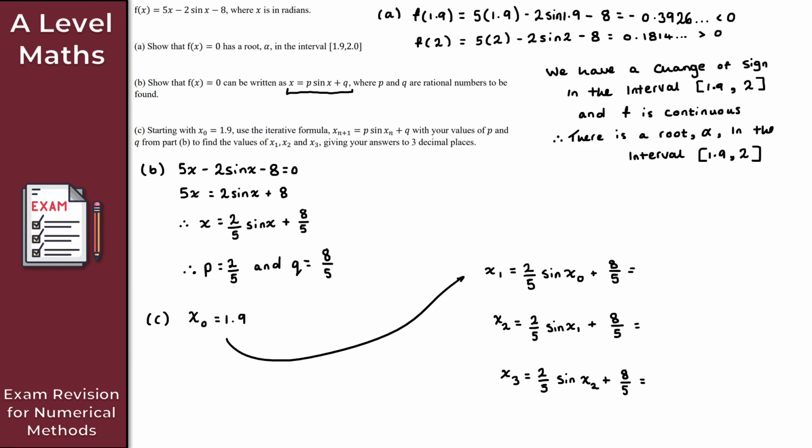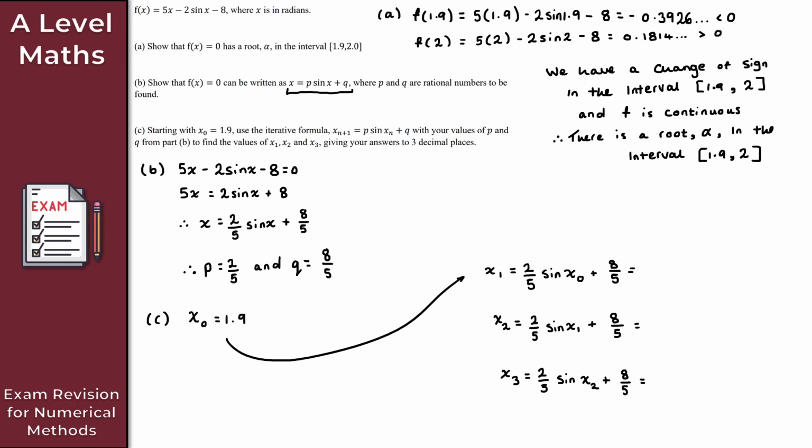And all we need to do now is input our iterative formula here and just replace xn with the answer function on our calculator, because the answer function is where we've stored 1.9. So what I get here is 0.4, 2 over 5 is just 0.4, so 0.4 sine of answer plus 8 over 5.